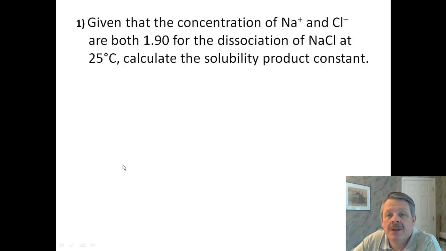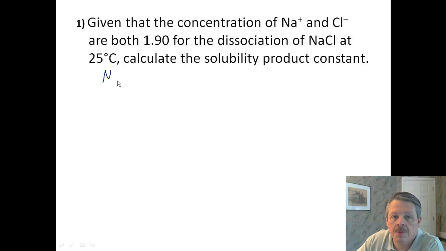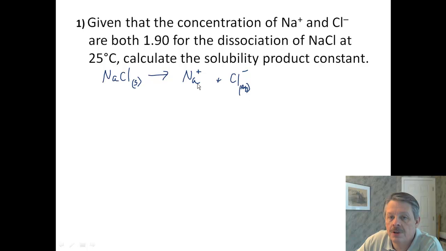Okay. Given the concentration of sodium ions and chloride ions, they're both 1.90 for the dissociation of sodium chloride. So we think about this. This is going to be NaCl, which is a solid. We ignore solids, remember? And they become Na+ and Cl-, and those are both aqueous, and because they're aqueous, we're going to actually worry about them.